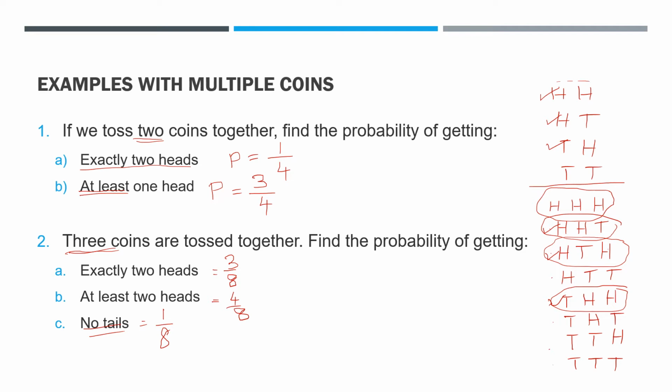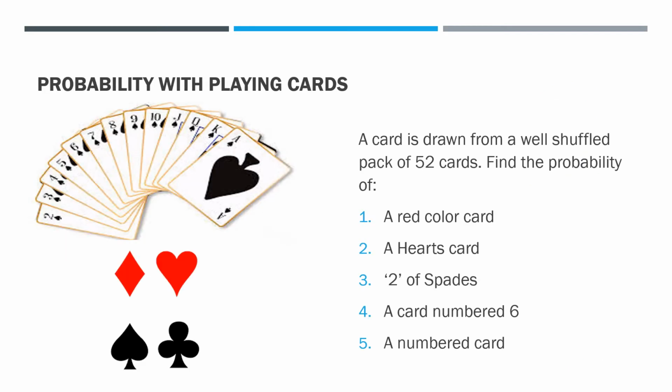Okay, let's now increase the complexity a little bit more. So, playing cards. Playing cards is one of the most commonly used examples in probability. It's possible that you may not already know a playing card deck, so I'm going to cover the basics to begin with.